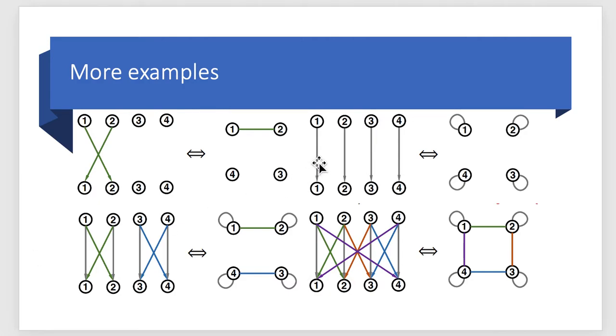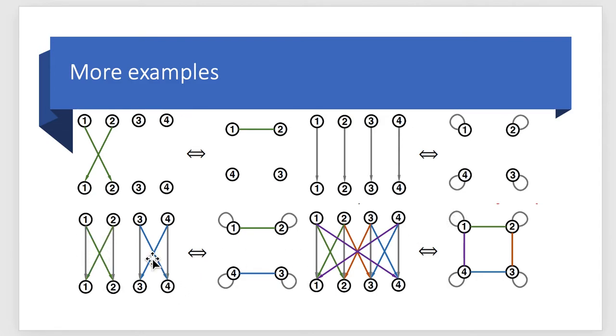Here are some examples of how the relational graph works. In the first one, we have 1 as input, 2 as output, and 2 as input and 1 as output. So there will be just a single link between 1 and 2. Here's another example, which is from 1 to 1, 2 to 2, 3 to 3, and 4 to 4. So there will be 4 self loops, one for each node.